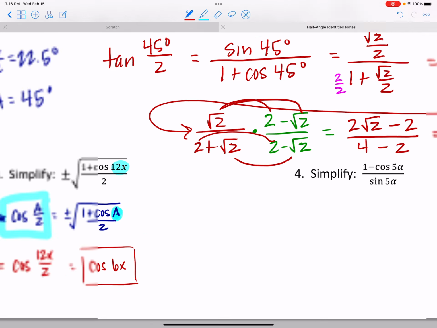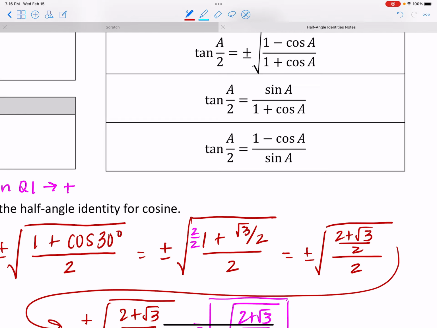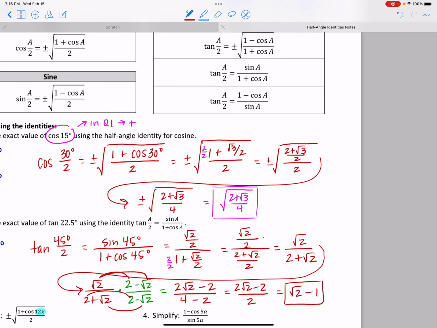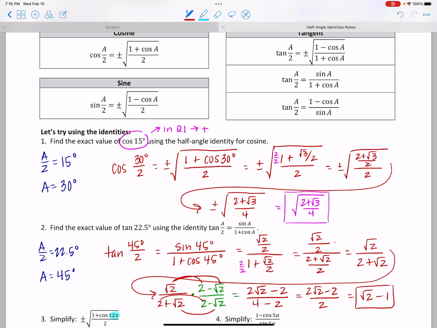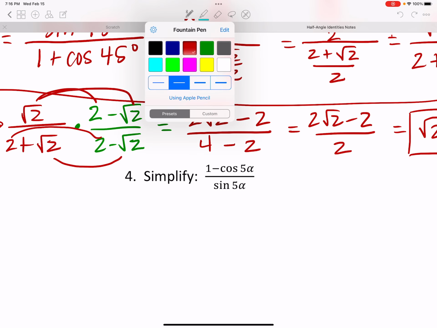Okay, so same process here. I can see the version I'm looking for. So this is going to be a tangent, doesn't have a square root, and it's 1 minus cosine. This is the version I'm looking for. So again, let me just rewrite the formula here so I don't have to scroll all over the place.